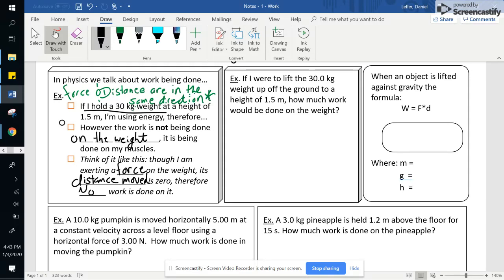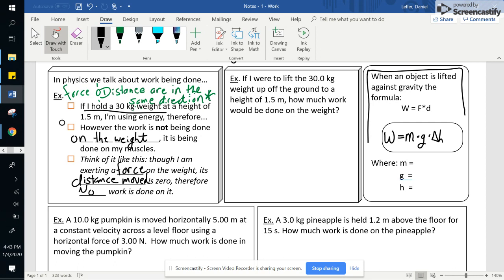So if we start looking through some of the problems, before we tackle this, I need to actually go over the formula with it. We're going to look at this box here. When an object is lifted against gravity, we can use this formula here, work equals force times distance, but we can also calculate it as work equals mass times gravity times a change in height, which really is our distance.